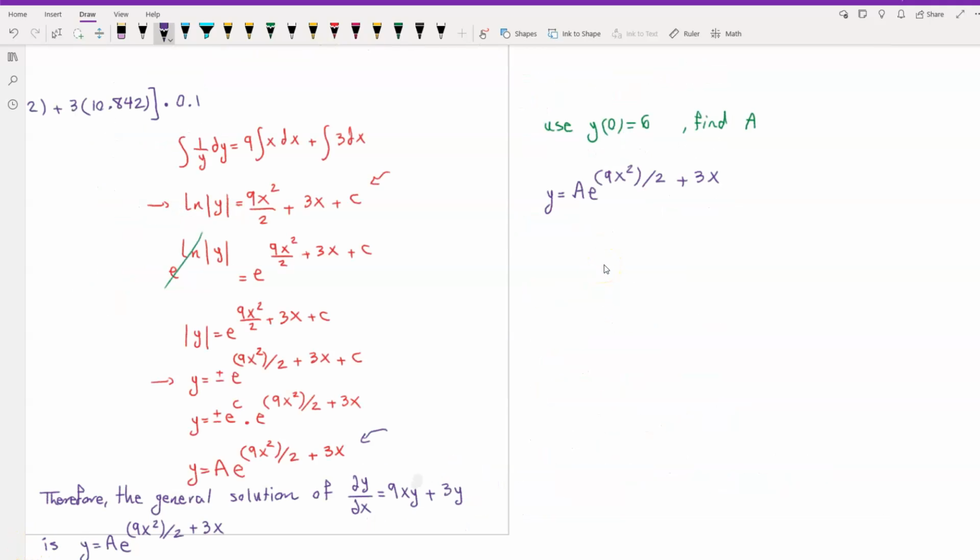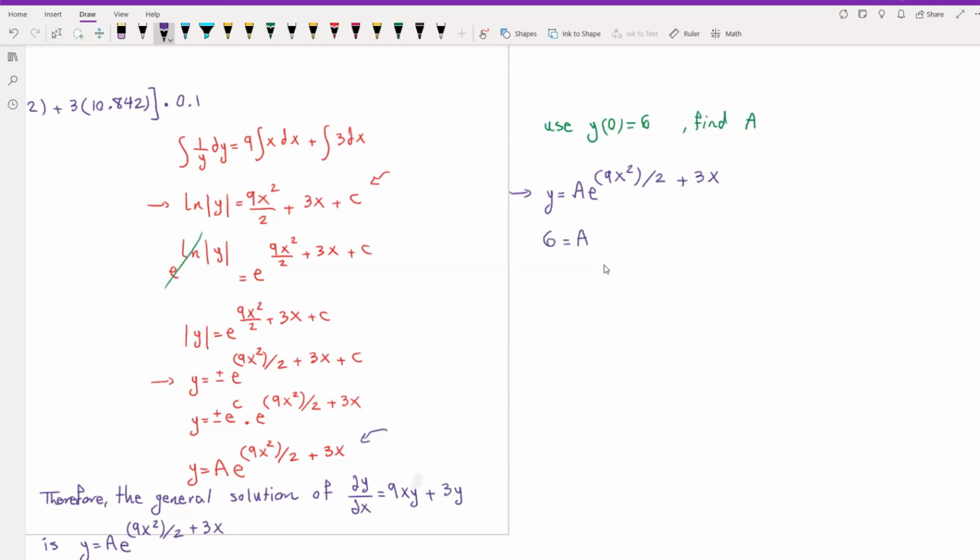Now use the given condition of y0 equal to 6 and find value of a. So this is what we have for y. And that is equal to a times e power 9x squared divided by 2 plus 3x. Now y0 is 6.